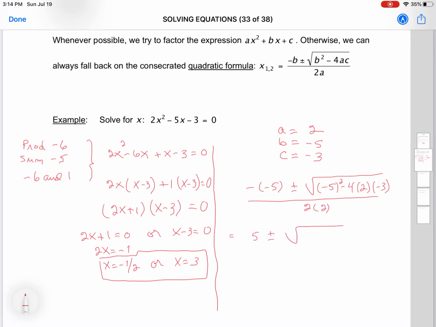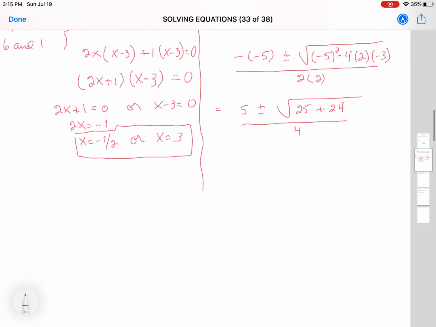So that gives us 5 plus or minus the square root of 25, because minus 5 squared is 25. And then minus 4 times 2 times minus 3, minus minus is a plus, so that will be plus 24, if I'm not mistaken, over 4. Going to need a little more space than I thought I would.